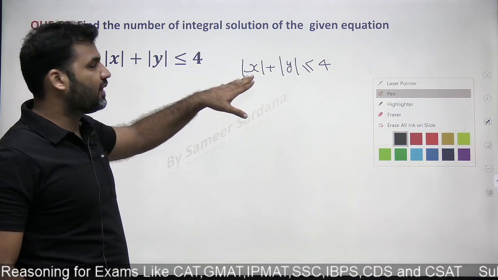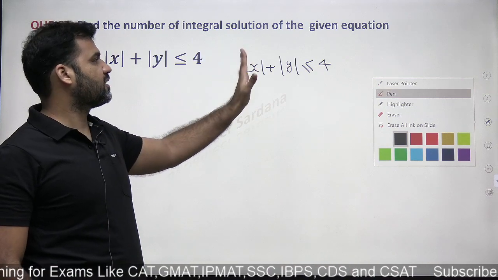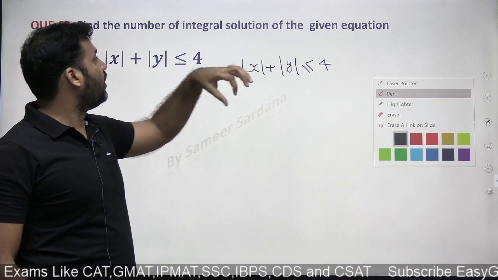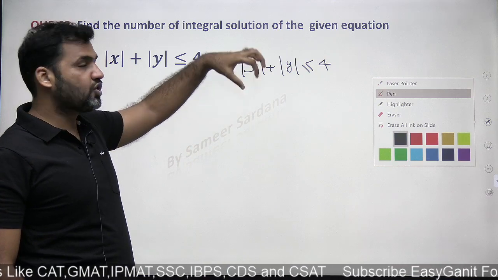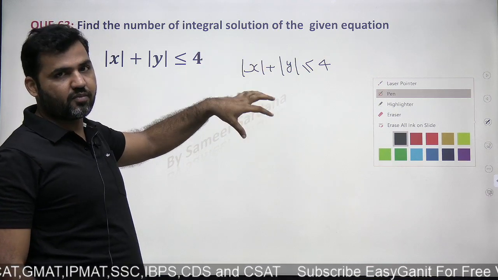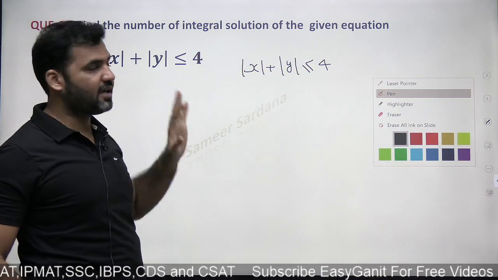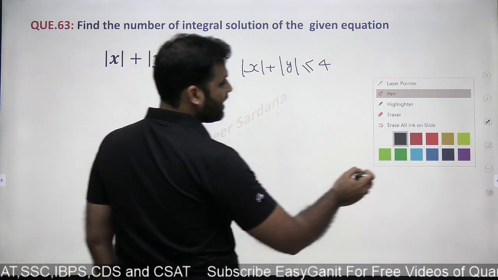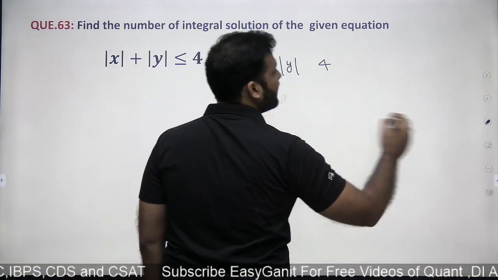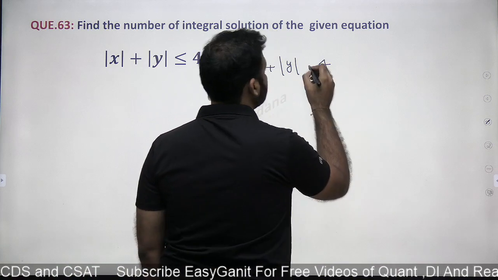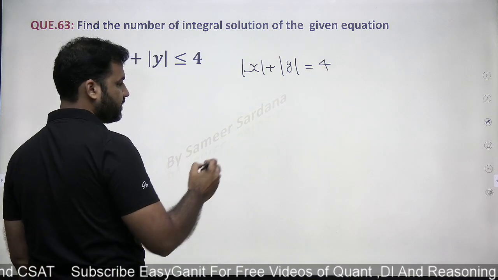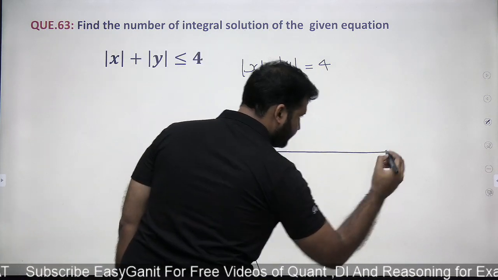That means first I'll have to draw the graph of mod x plus mod y is equal to 4. Then all the integral solutions lying inside the region of mod x plus mod y is equal to 4 will be the answer. Okay, for that I want to make a graph of mod of x plus mod of y is equal to 4 first. Now how do you do that?